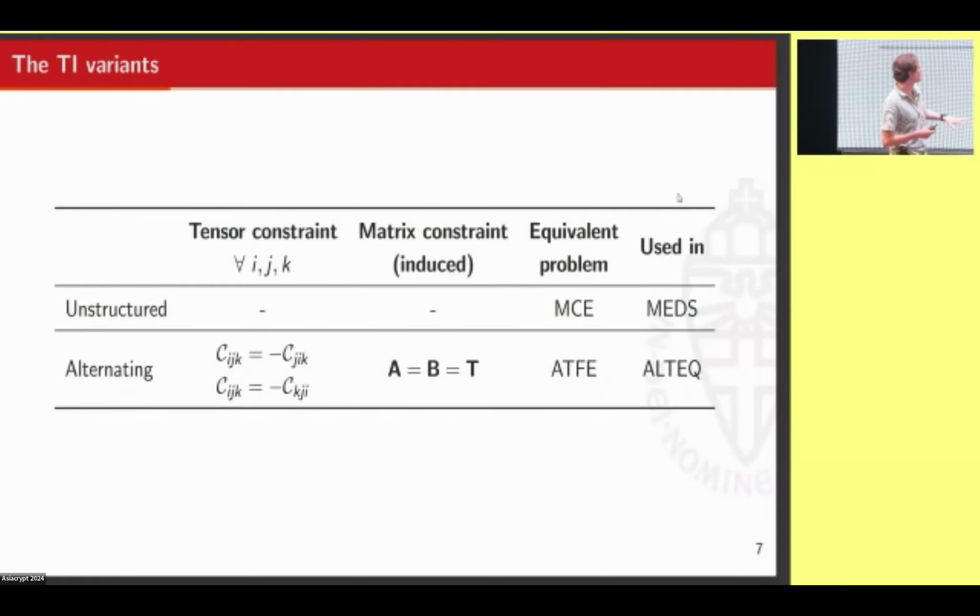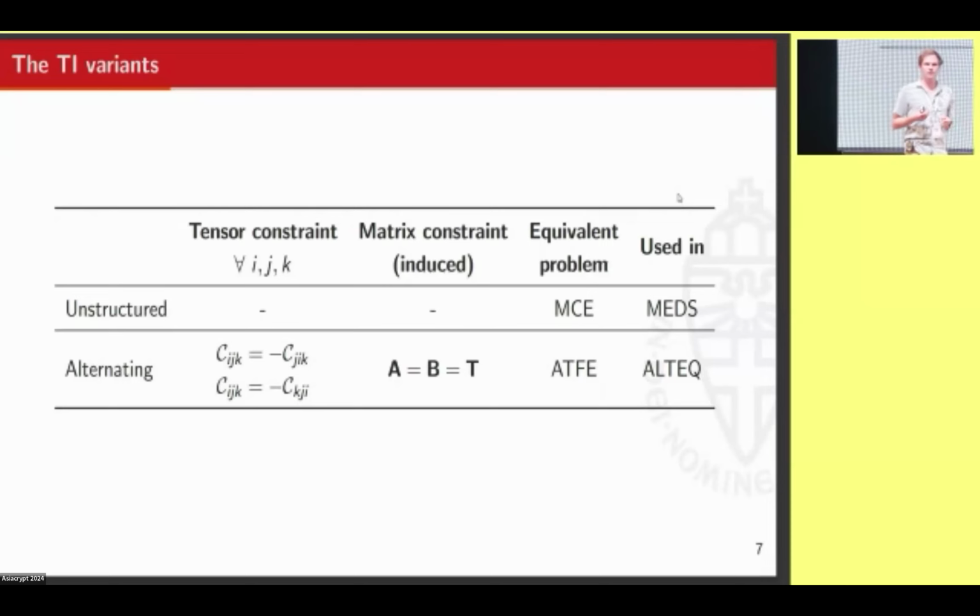And to summarize this, I made the following table. So basically, we have the unstructured and alternating case, the induced matrix constraints for the group elements that we're looking for, and the equivalent problem. And this is interesting. So the tensor isomorphism problem is equivalent to the matrix code equivalence problem.